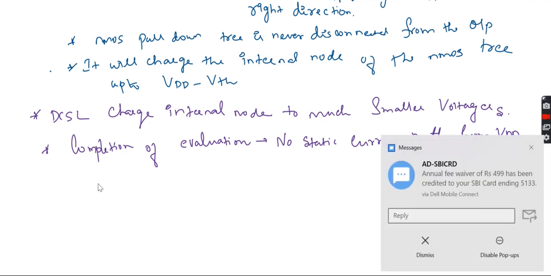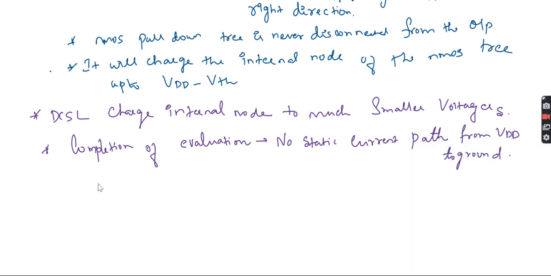Now here we are taking the example of the completion signal, which may be generated by taking a NAND of two inputs, a two input NAND gate.